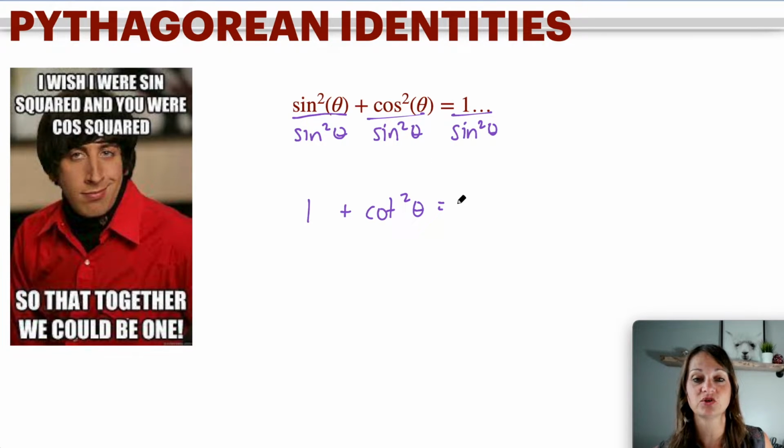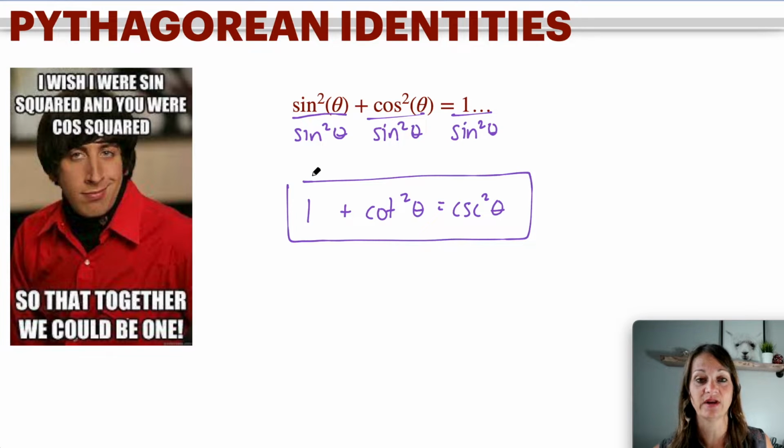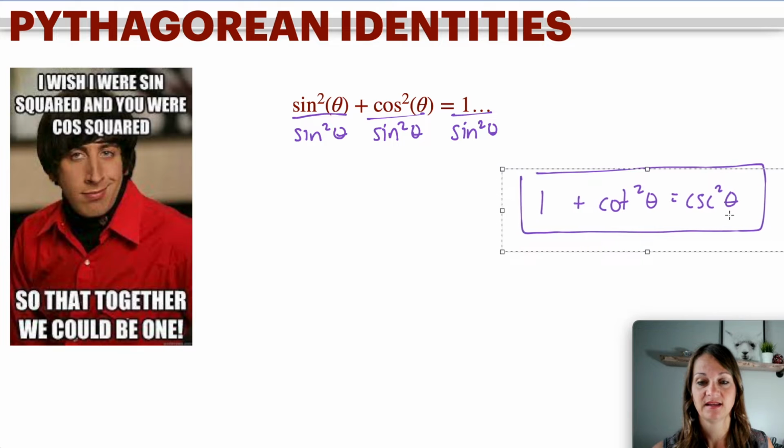And 1 over sine squared is cosecant squared, again from our reciprocal identity. So we actually have now created a brand new Pythagorean identity from our original, that 1 plus cotangent squared is going to be equal to cosecant squared.